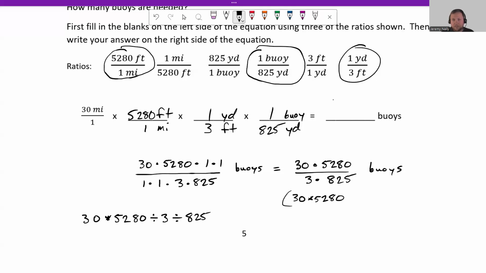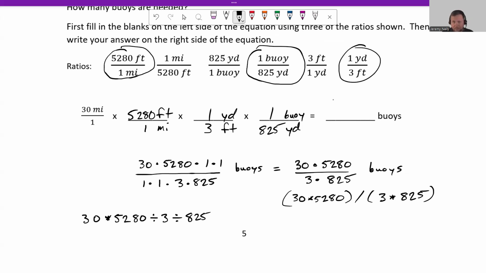you wrap parentheses around the top of the fraction and you wrap parentheses around the bottom of the fraction. Once you become more of an expert in order of operations, you can see which set of those parentheses are unnecessary and which ones are absolutely necessary.